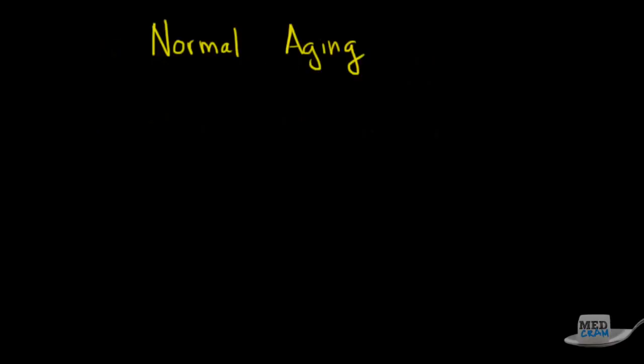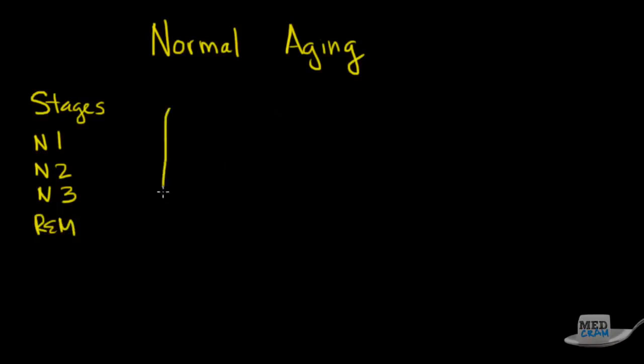The first thing we got to do is talk about what happens with normal aging. There are different stages of sleep. There is stage 1, what we term N1. There's stage 2, and there's stage 3. A couple of other stages as well. There is REM sleep, which I'm sure you've heard about. Generally speaking, what happens over the period of a night is someone starts out awake, they go down into a very transient sleep phase called stage 1.